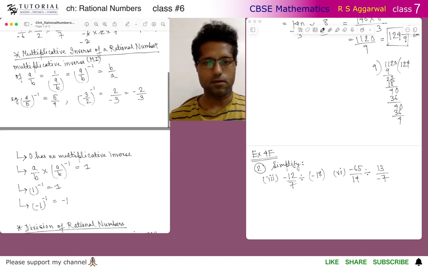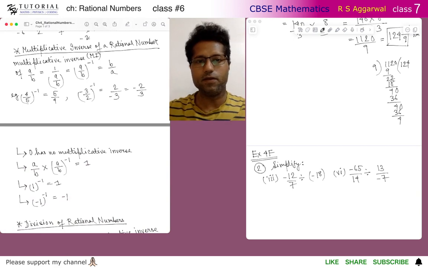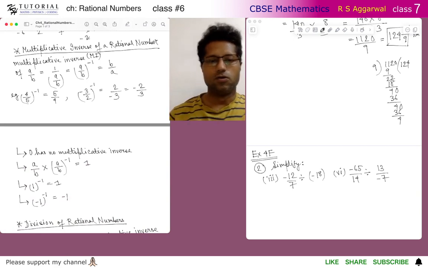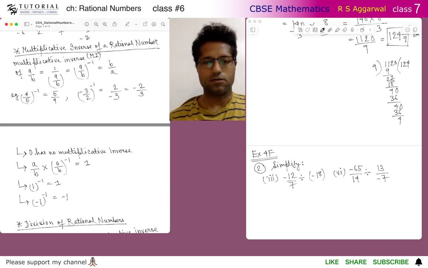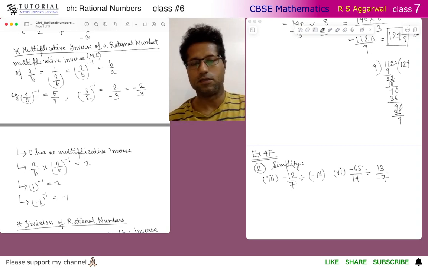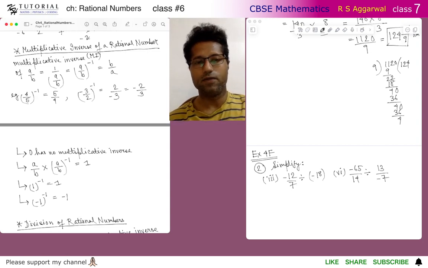Before understanding division of rational numbers, we need to understand what is multiplicative inverse of a rational number. So for a rational number a by b, its multiplicative inverse is nothing but the reciprocal of a by b. I mean, the multiplicative inverse and reciprocal are the same thing. They mean the same thing.